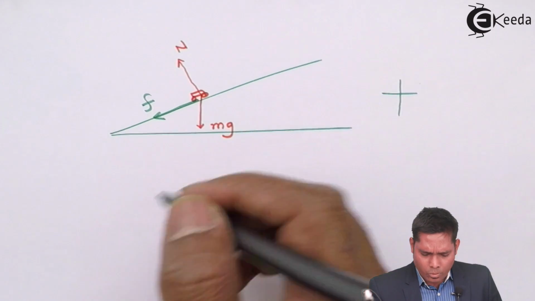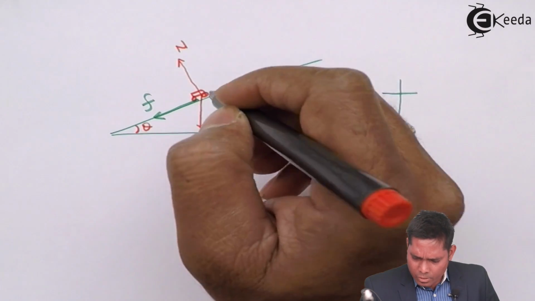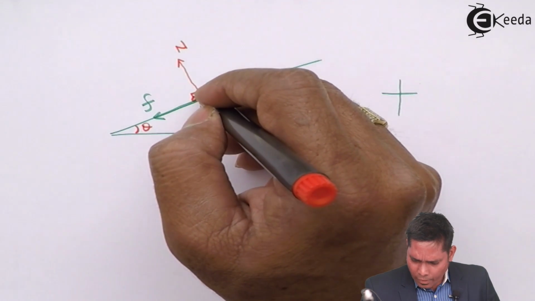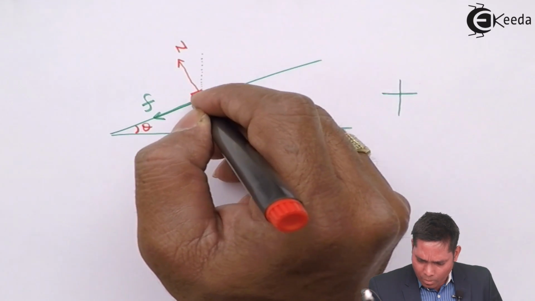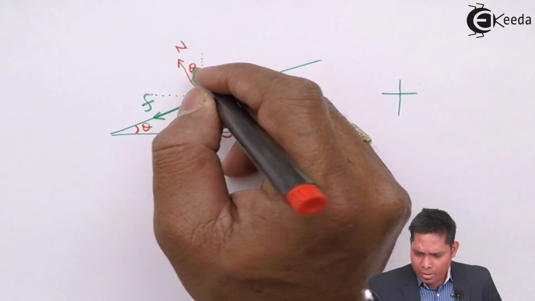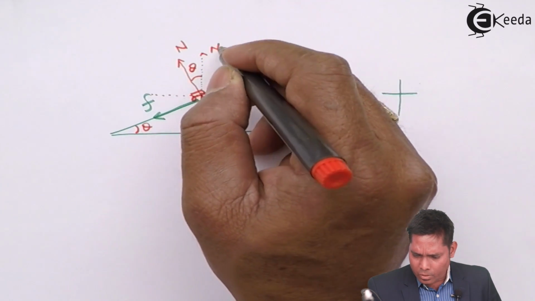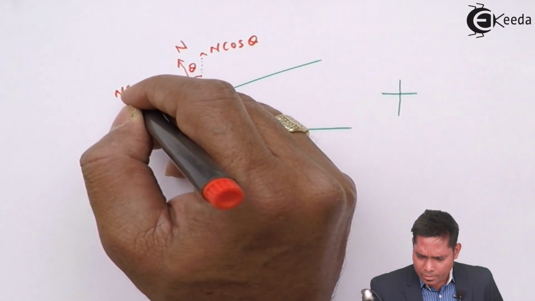First of all, this angle is theta. So if I resolve this n into two perpendicular components, this will also be theta, and therefore this component is n cos theta and this component is n sin theta.